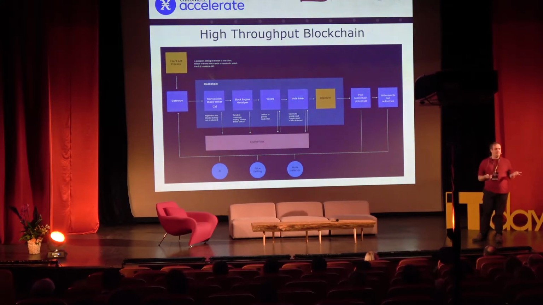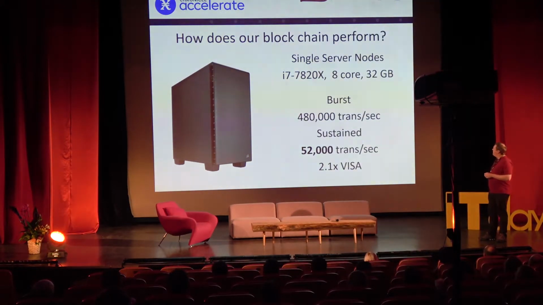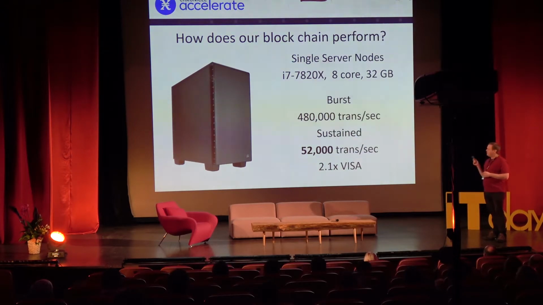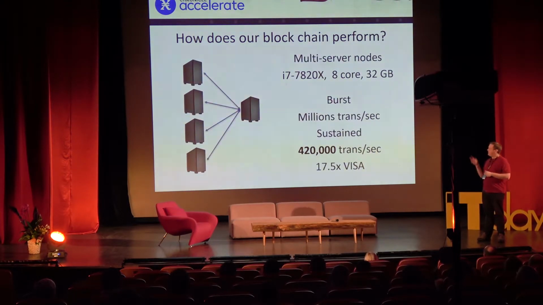So as you add more nodes, you can actually increase the throughput until you reach a saturation point. With just a fairly modest server, the sustained rates you can get are around 50,000, and it can peak at close to 500,000 transactions per second. However, if you make the nodes larger, by using a collection of boxes or just a bigger box, you can get sustained rates of around 400,000 transactions per second. And that's within a single chain.